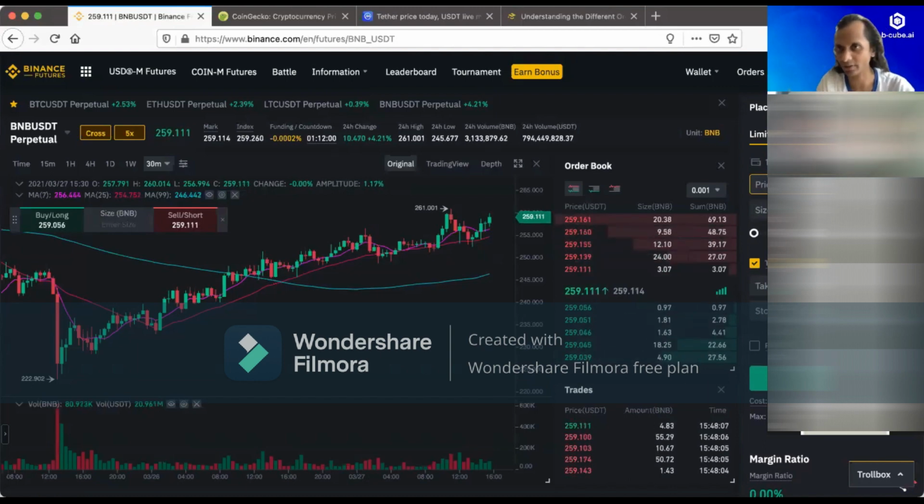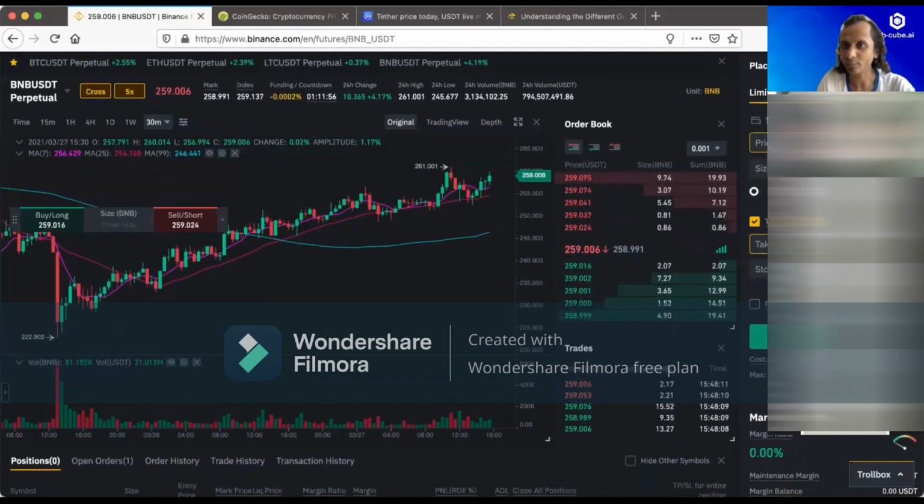Okay, let me just keep it like this so that I make sure that I get the order. And take profit, let me just put 260, and stop loss, let me keep it like 200, just for this one. And reduce only is an option which is handy actually.